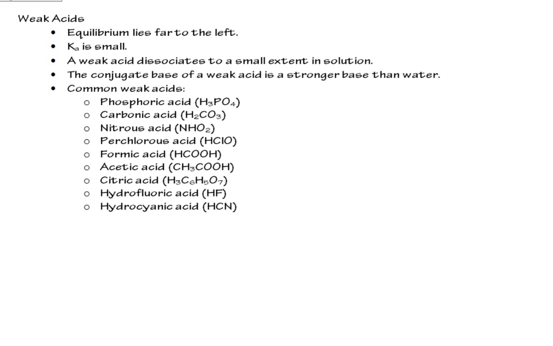A good example, one of the most common examples of a weak acid, is acetic acid. It could be written one of two ways. Sometimes you might see this, the CH3COOH. This is the organic way of writing it, where it's trying to show you the structure.